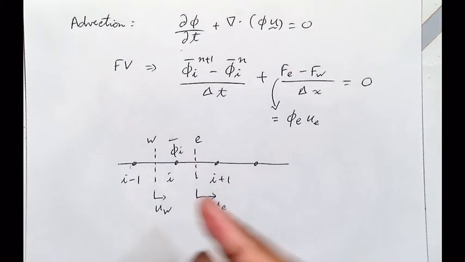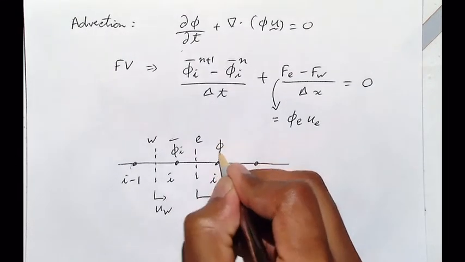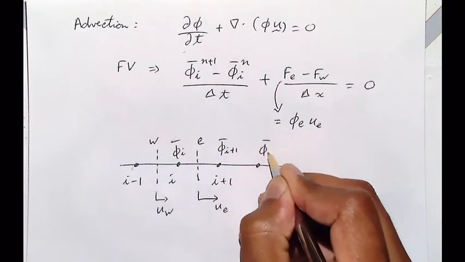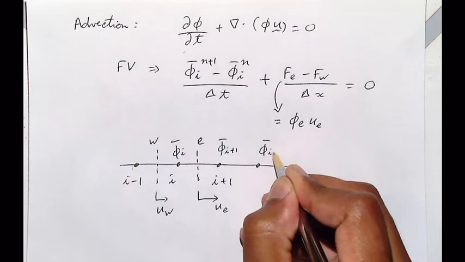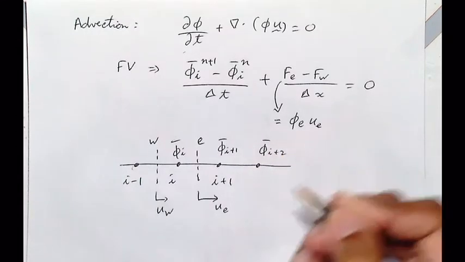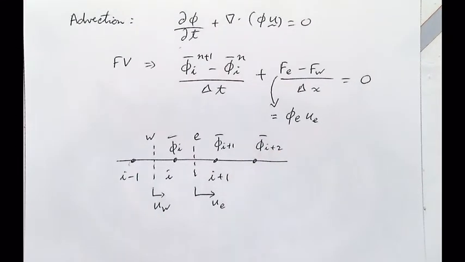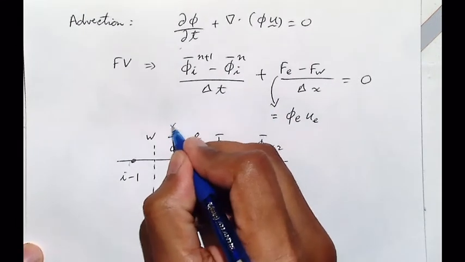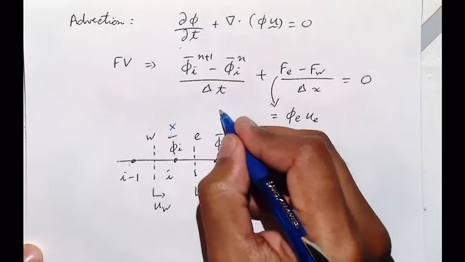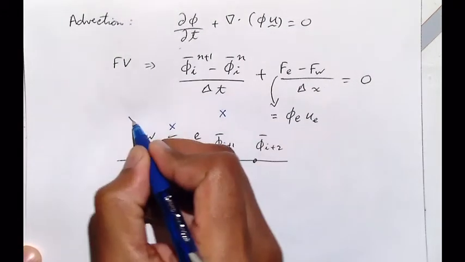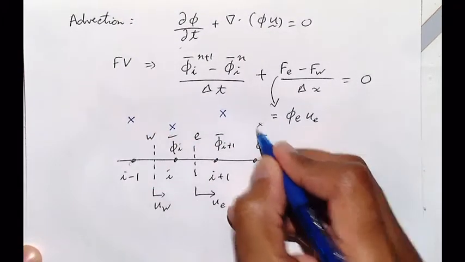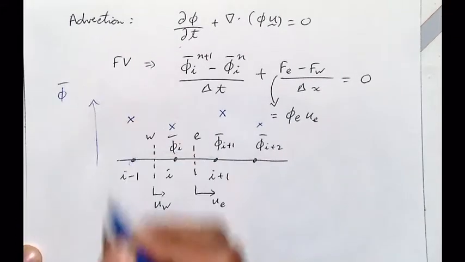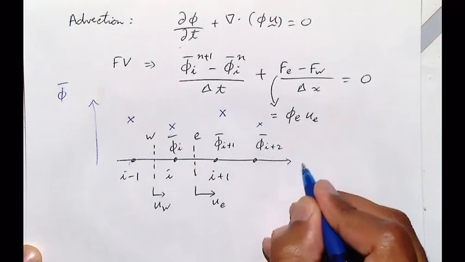How can we get φ_e? So if I gave you φ̄, it looks like, it has some value, this value, this value, this value, and this value. So this would be the φ axis, right? φ̄ as a function of x.